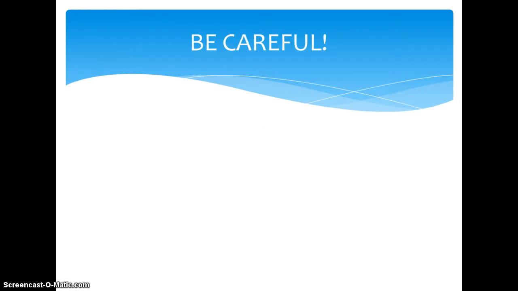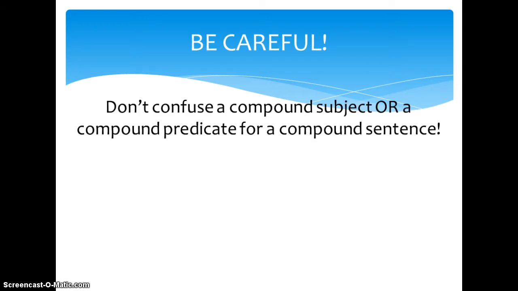Another word of warning. Do not confuse a compound subject or a compound predicate for a compound sentence. Some sentences will have two or more subjects in the sentence or two or more predicates in the sentence, but they do not have two complete sentences.